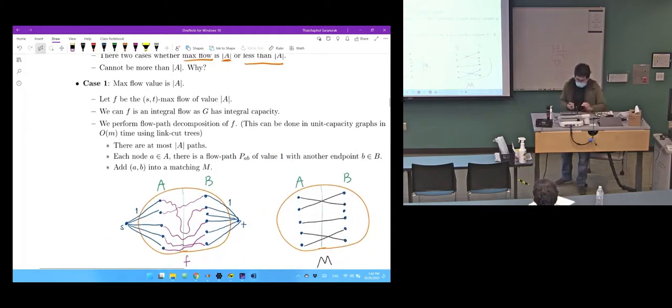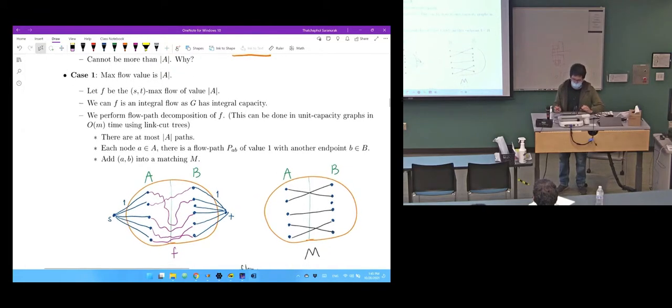So now, let's just see. Suppose that the size of the max flow is exactly A. Then what does it mean? I'm claiming that if this is the case, then you can embed a matching into the graph.